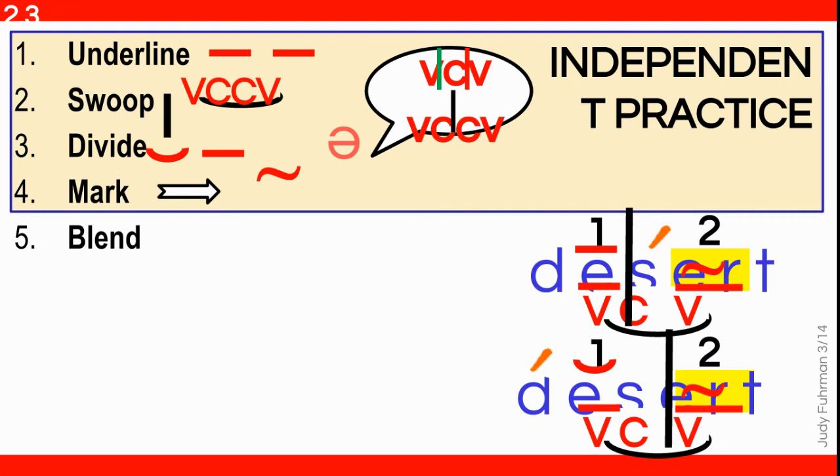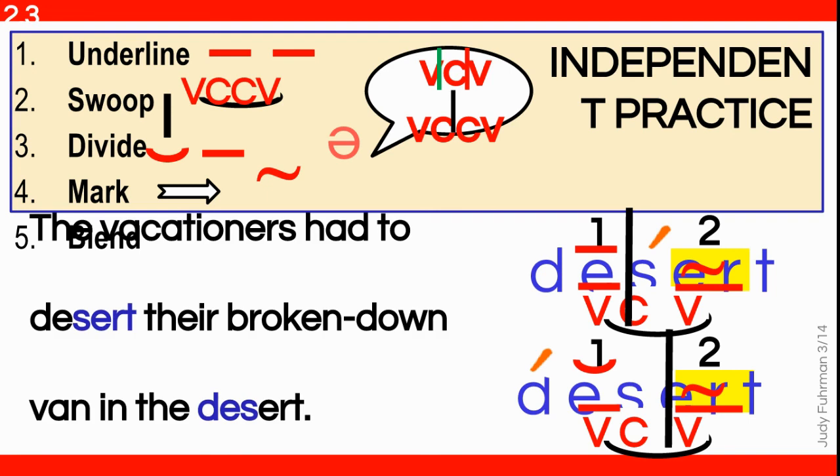These are the answers to steps 1 through 5. Then we have examples of how these two words are said. For the first example, we have the long E, like in the sentence, the vacationers had to desert their broken down van in the desert.